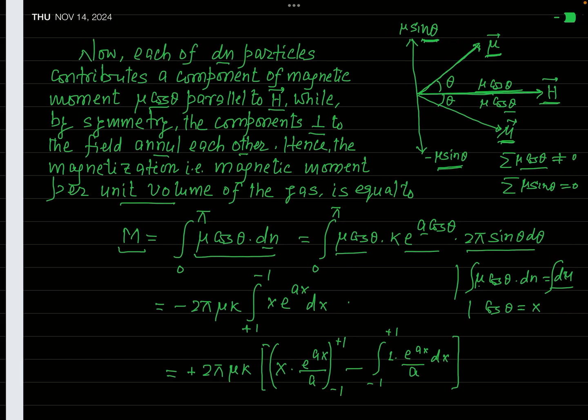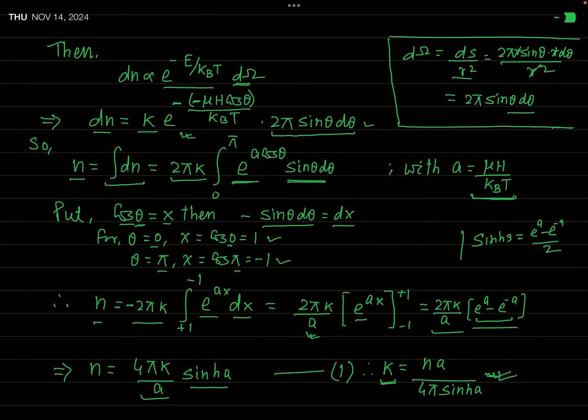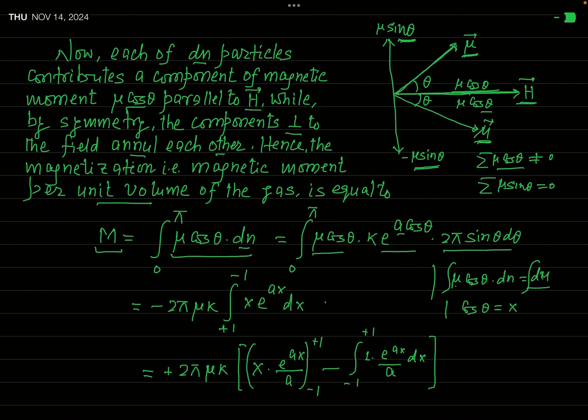And you know, when cos theta is x, then minus sin theta d theta is dx, so dx is minus sin theta d theta. So replacing this variable theta by x, your result will be minus 2 pi mu k times integral from plus 1 to minus 1.